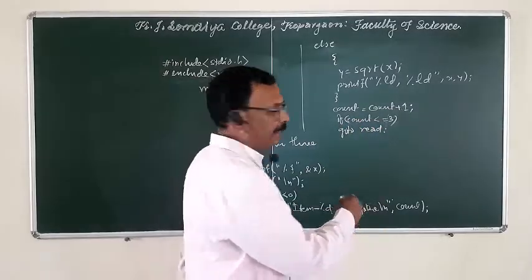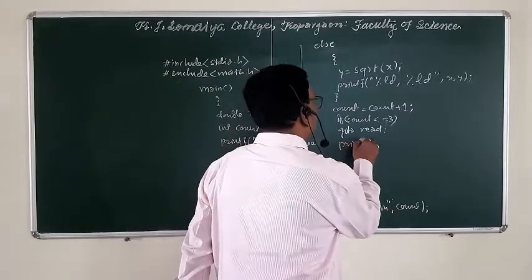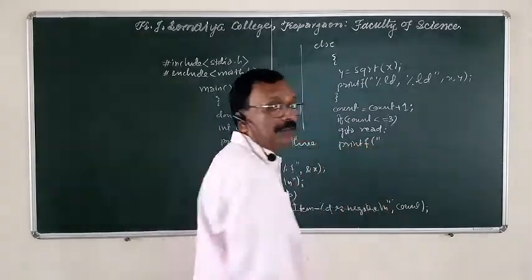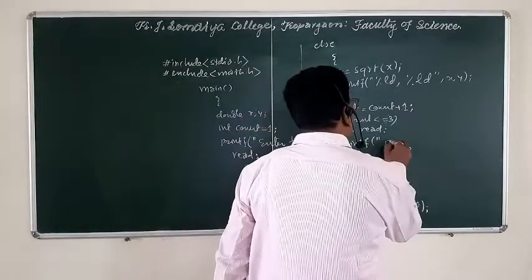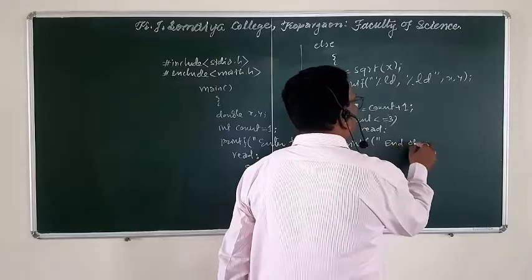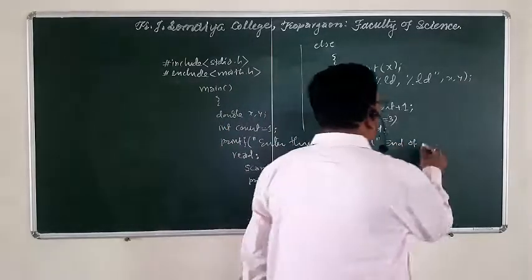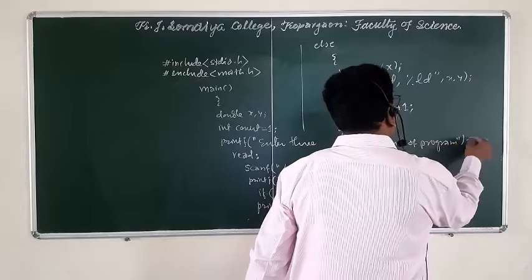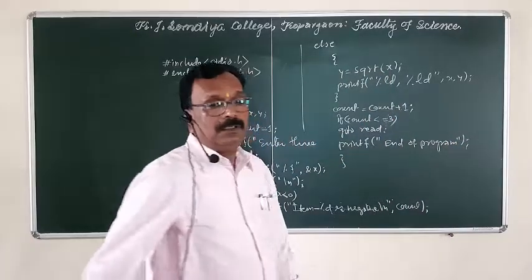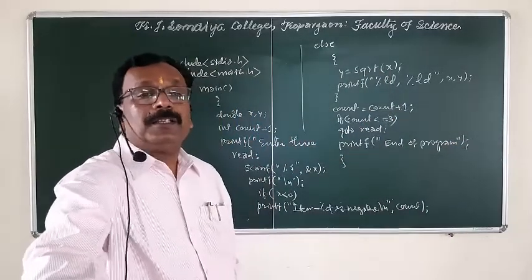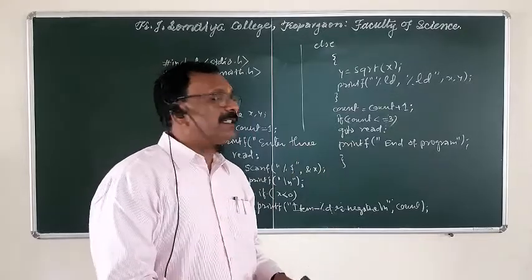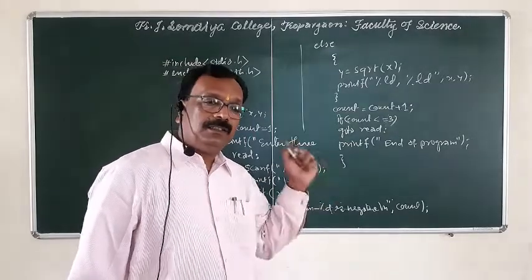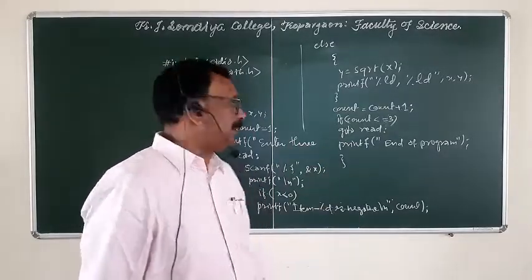That is, again here print the result, that is end of program. End of program. Okay, in this way, we can study the goto statement, which is a jumping statement.